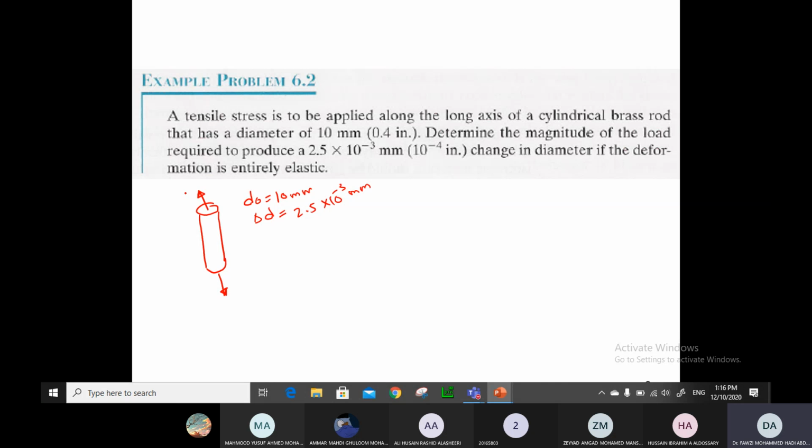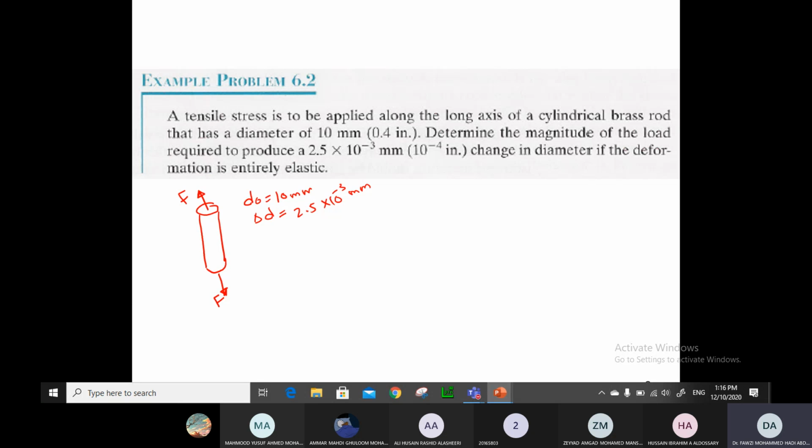How much force should I apply to this brass specimen in order to cause a change in the diameter of 2.5 times 10 to the minus 3 millimeters?